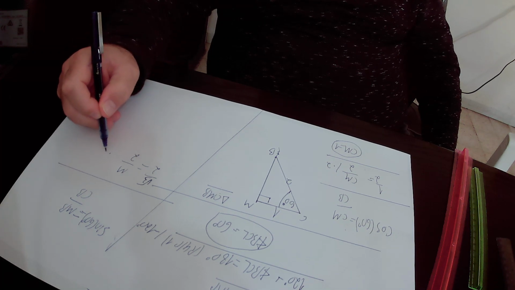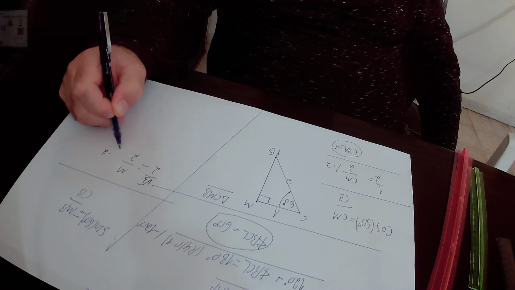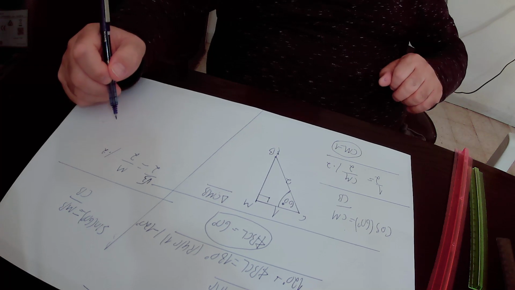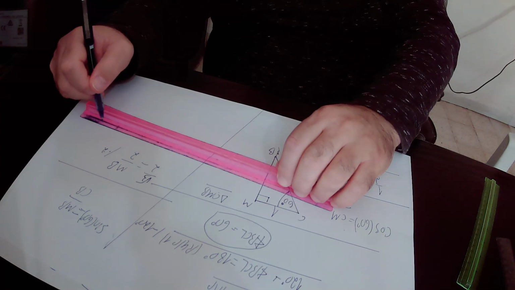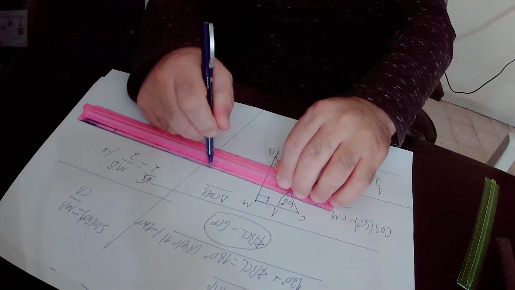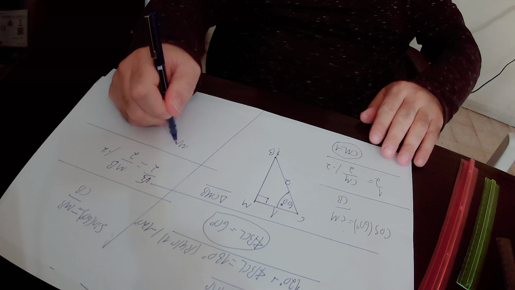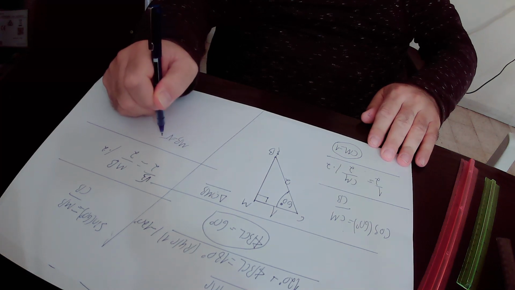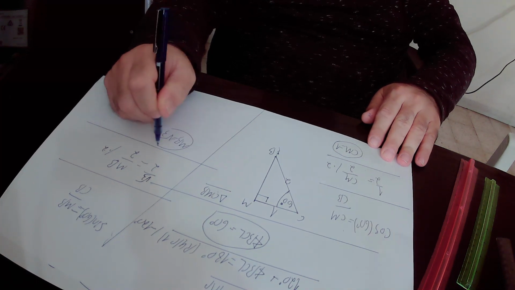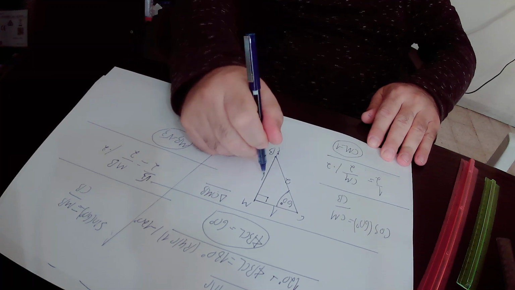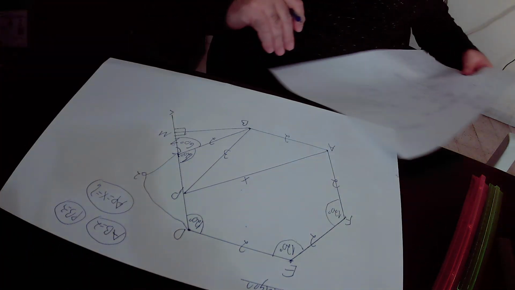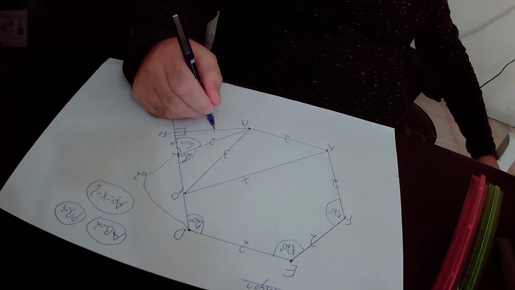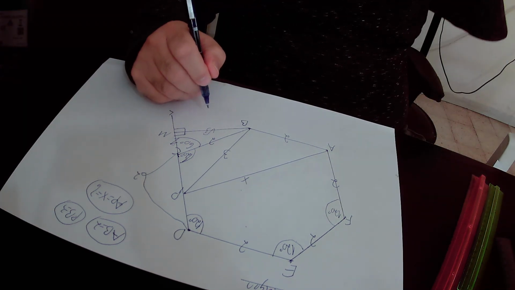Here we will multiply this equation by 2, and we get that MB equals the square root of 3 units. You can write down in the original drawing that MB equals the square root of 3 units.